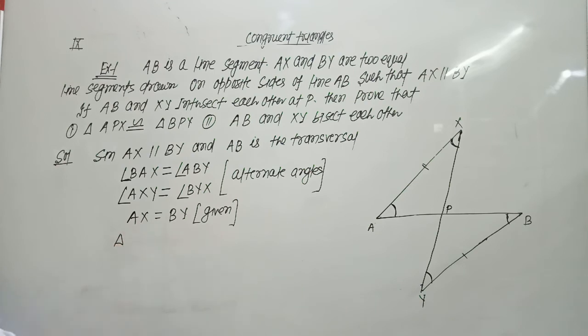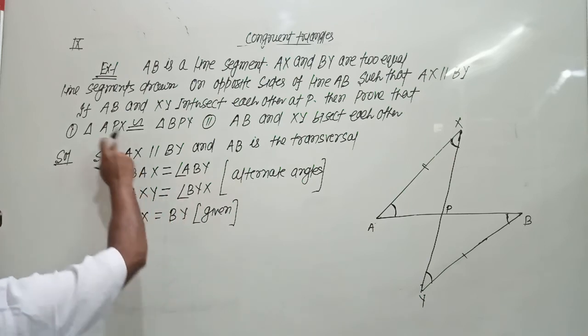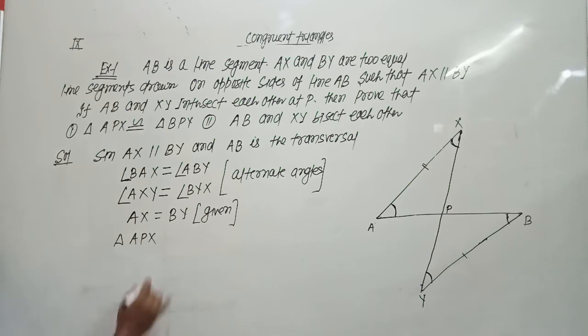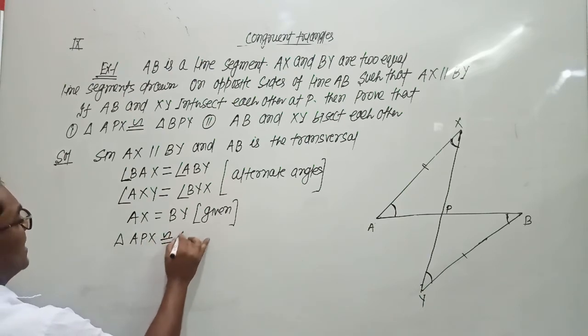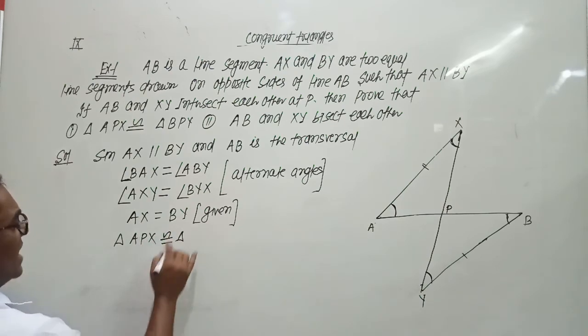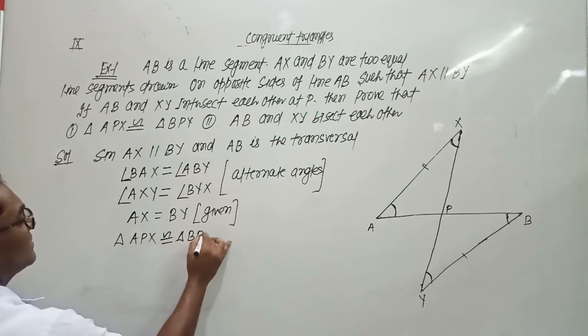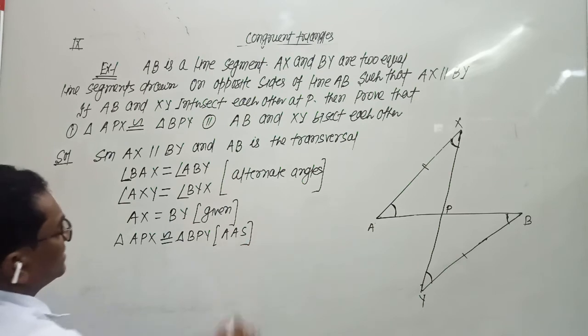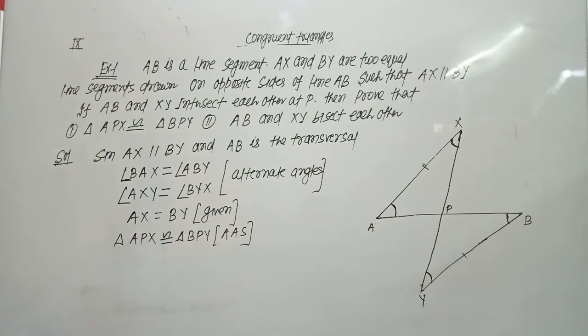So triangle APX, we have to write in this order, triangle APX is congruent to triangle BPY by the AAS criterion. So this was the first part.